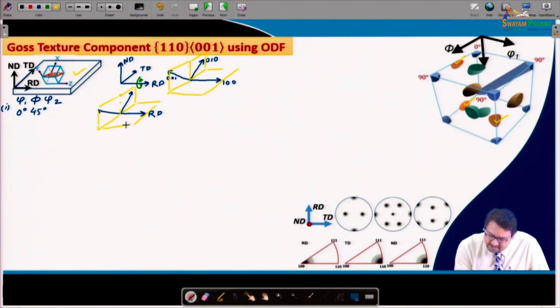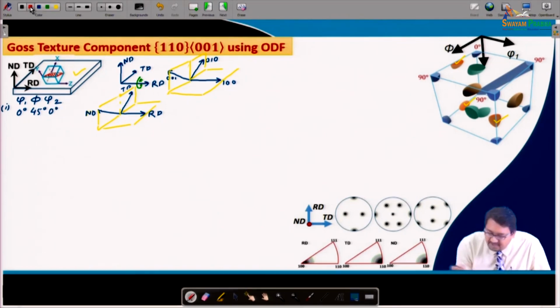So, you see that TD is now parallel to 0 1 0, the ND is now parallel to 0 0 1 and RD is parallel to 1 0 0. So, the position of the angles phi 1, phi, phi 2 could be traced to 45, 0, 45 and 0.